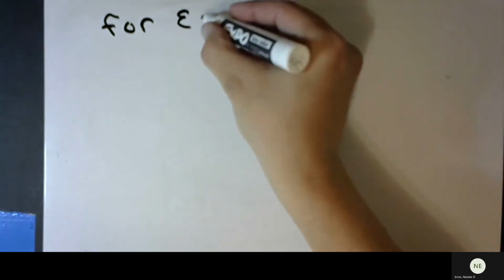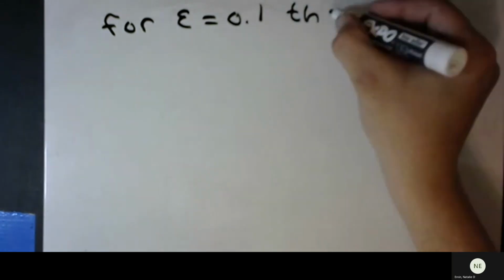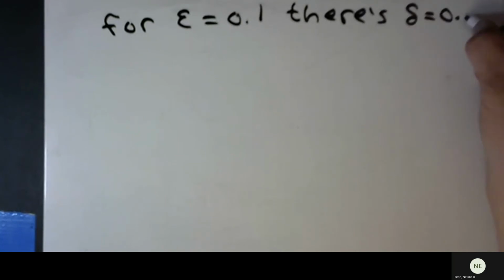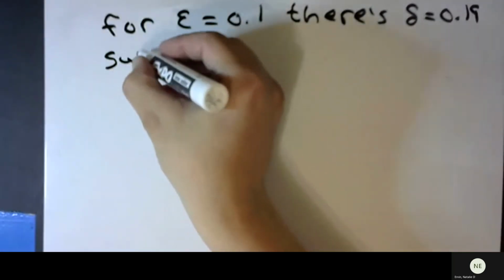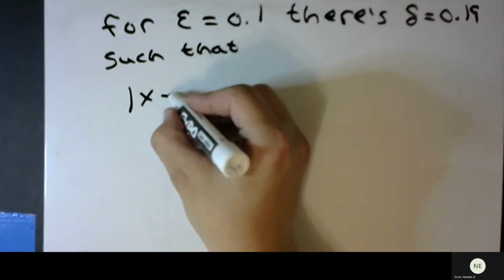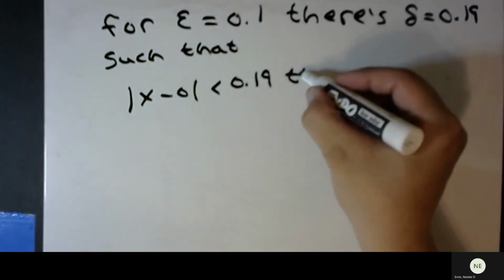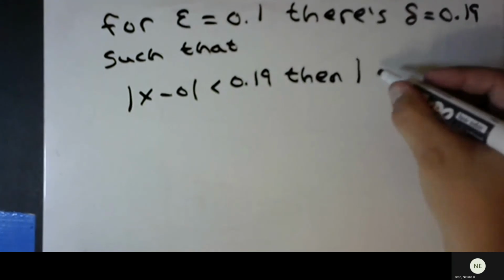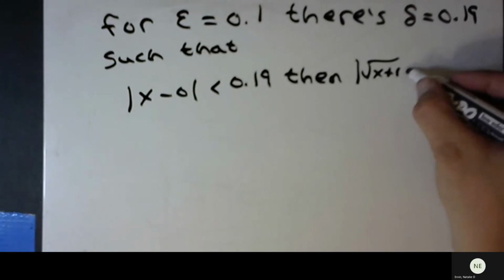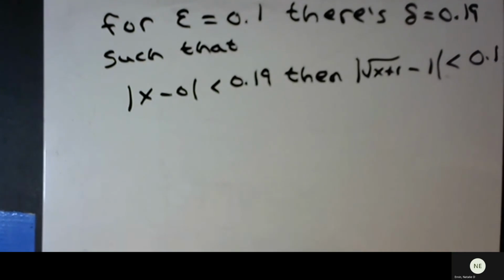So for epsilon as 0.1, there's delta equal to 0.19, such that if the absolute value of x minus 0 is less than 0.19, then the absolute value of square root of x plus 1 minus 1, which was our limit, is less than 0.1.